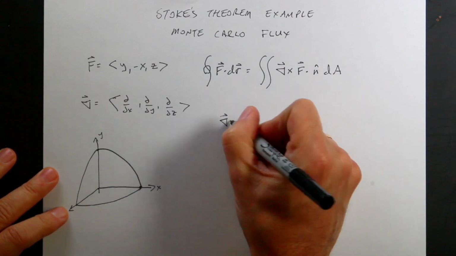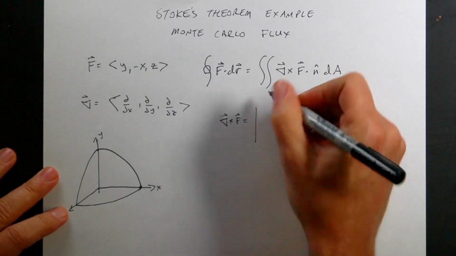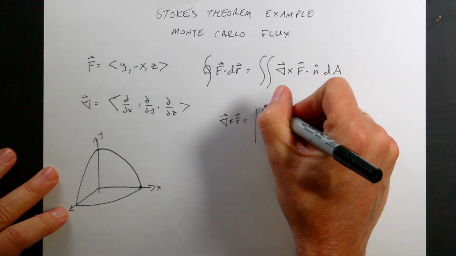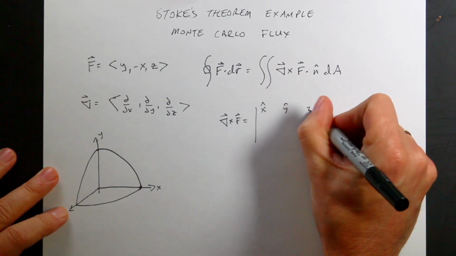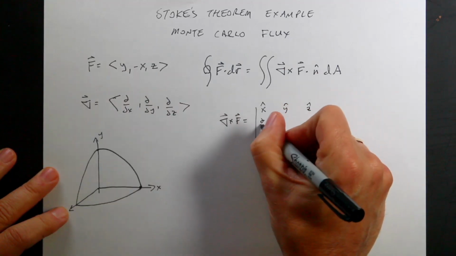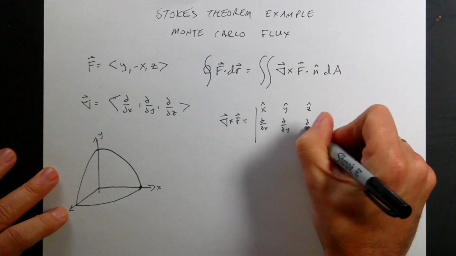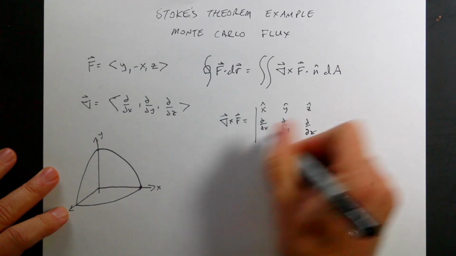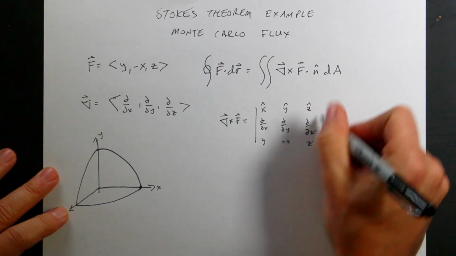So the curl of f, we need that. The easiest way to do this is to find the determinant of x hat, y hat, z hat, then the del operator, partial with respect to x, partial with respect to y, partial with respect to z, and then the components of my vector: y, negative x, z.